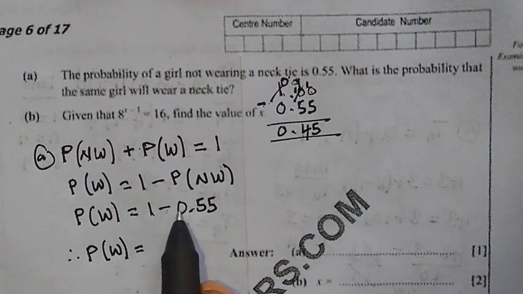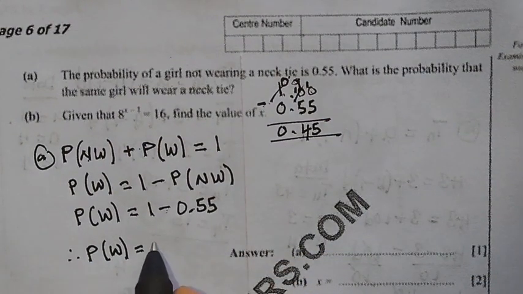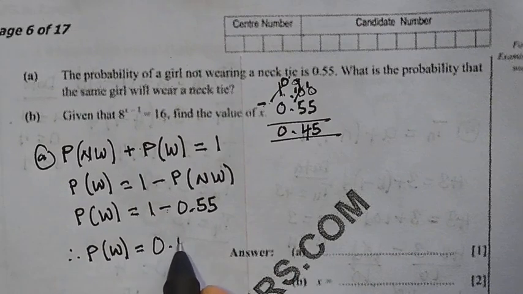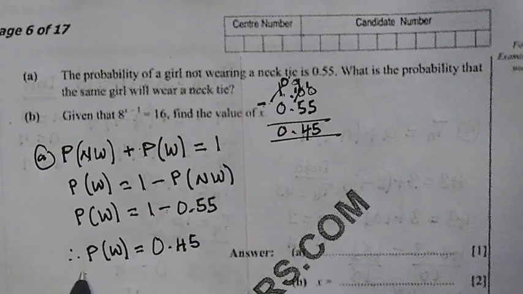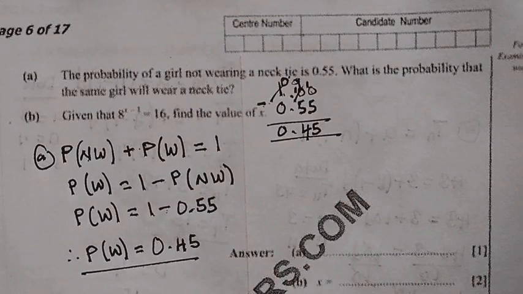So 1 minus 0.55 will give us 0.45. So this is the probability of the girl wearing a necktie, 0.45. Okay, so I hope it's clear.